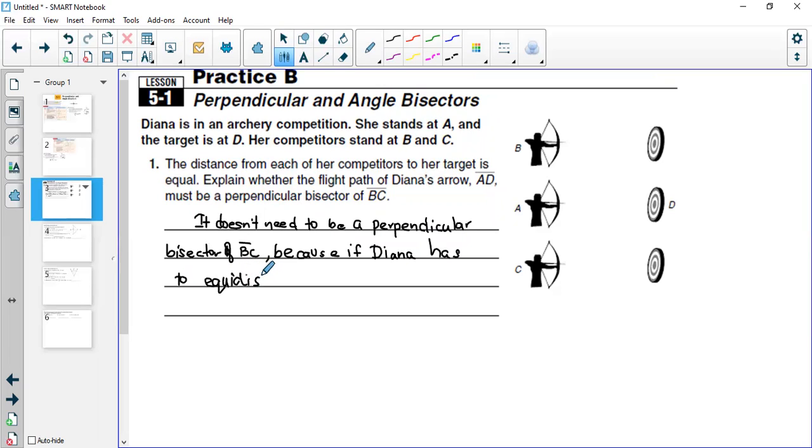So it totally depends on how you want to explain it. The same idea you could explain in your own words, equidistant from her competitors.